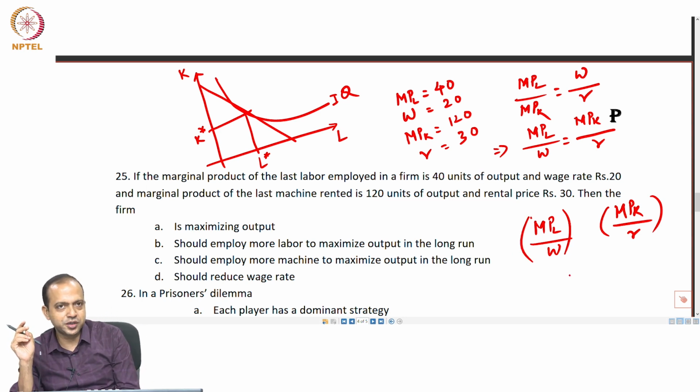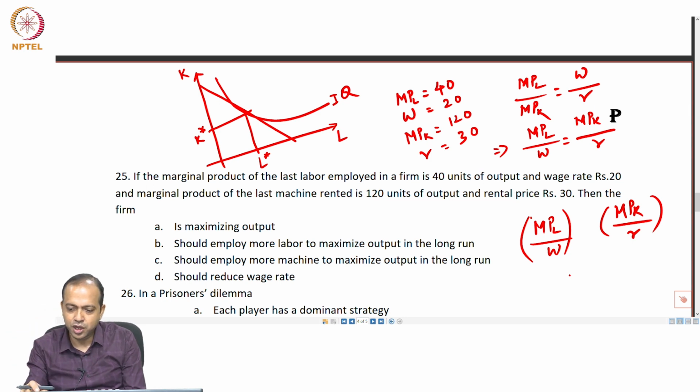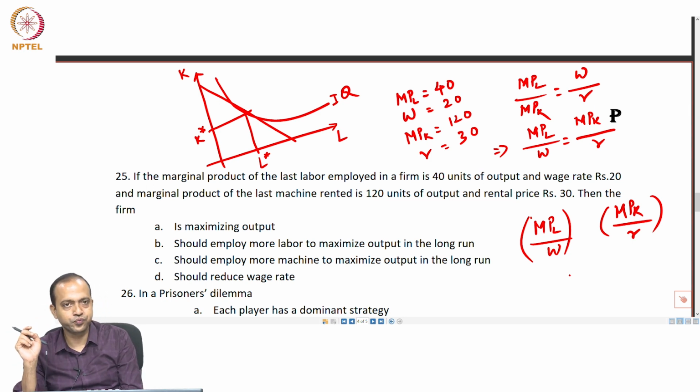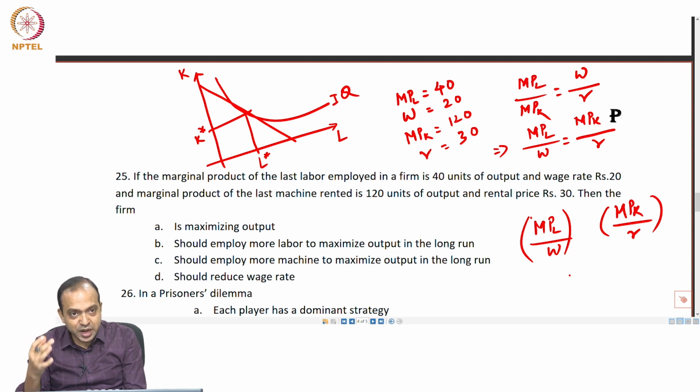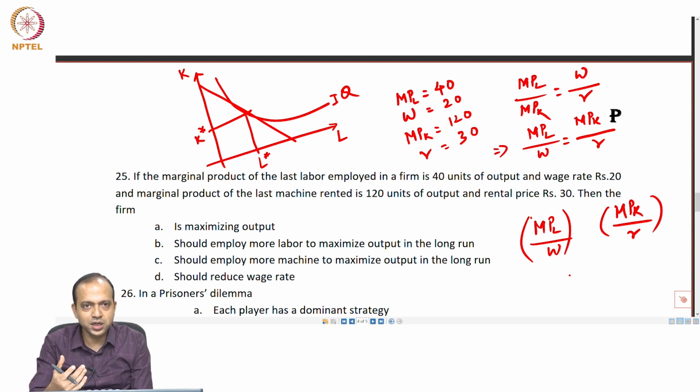MPL by W is basically, what is W? W is the wage rate. So, if you spend W amount of money, you will get MPL amount of output. So, by spending 1 rupee on labor, you will get MPL by W amount of output. Similarly, by spending 1 rupee on capital, you will get MPK by R. So, depending on which is more, the producer will spend the last unit of money on either capital or labor depending on the return.